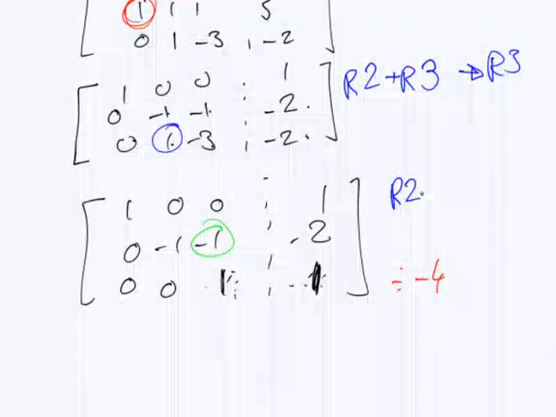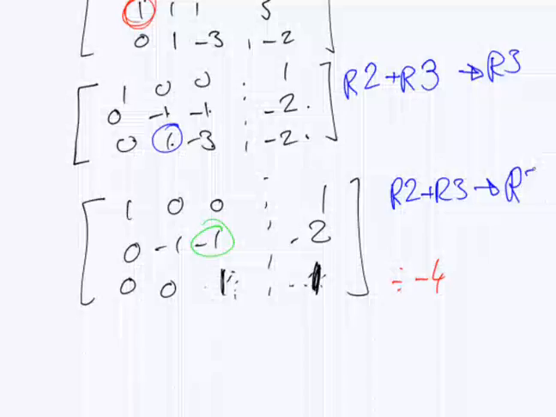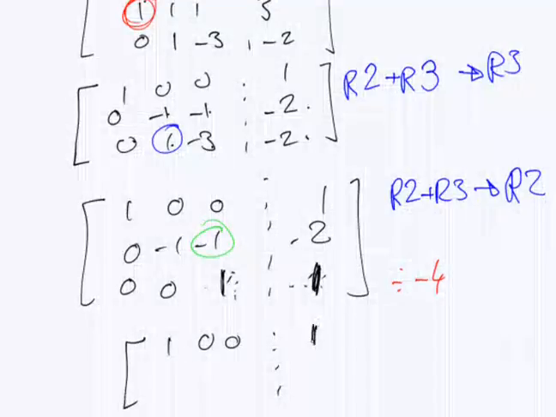So we'll do row 1 minus row 2 and put the answer on row 2. And we'll do row 1 minus row 3 and put the answer on row 3.